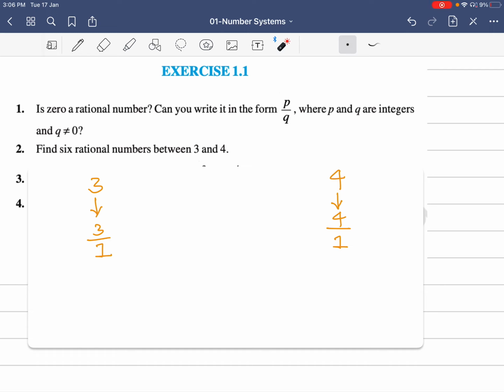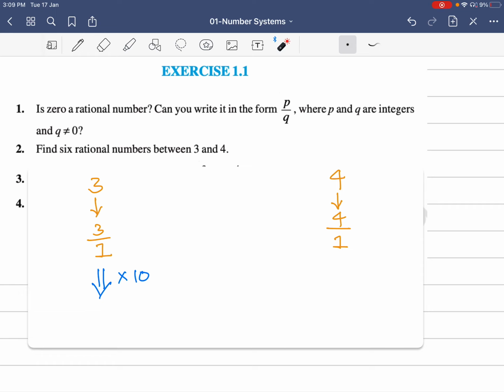Now what we are going to do further is make an equivalent representation of this by multiplying by 10. I'm going to multiply both the numerator and the denominator of this rational number by 10.